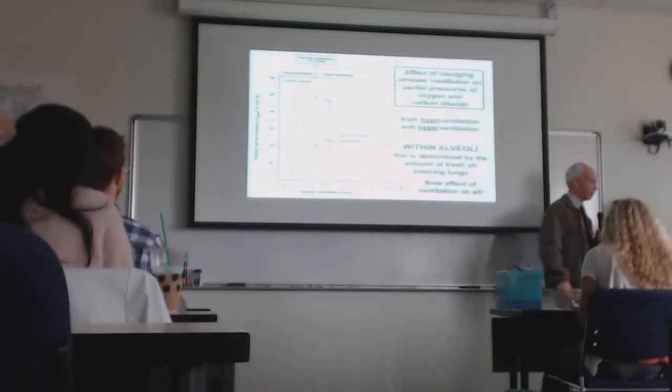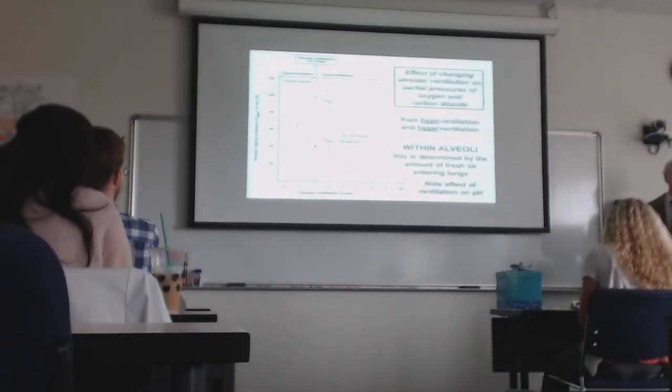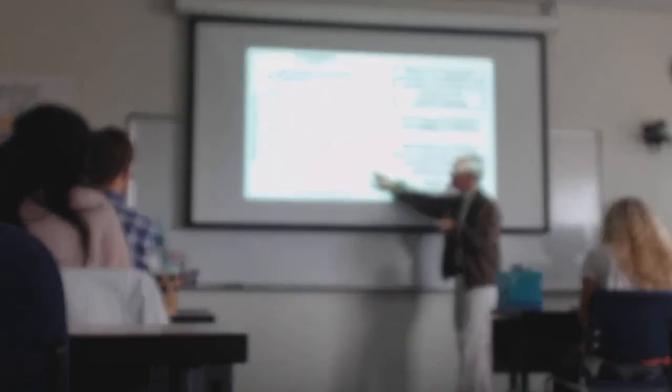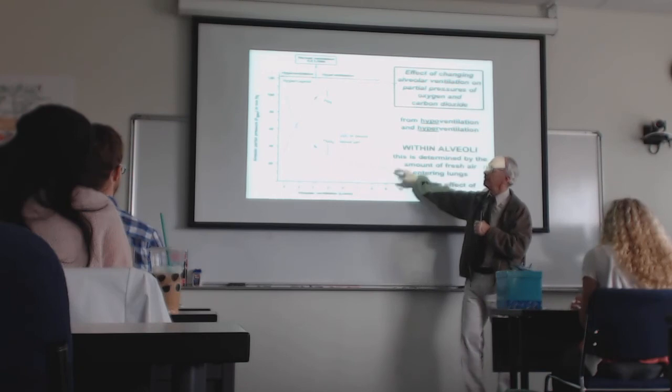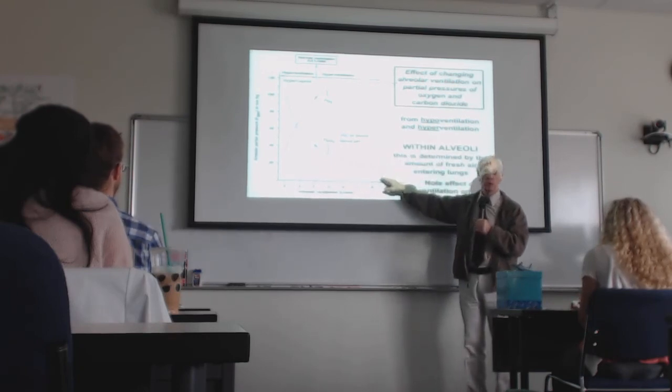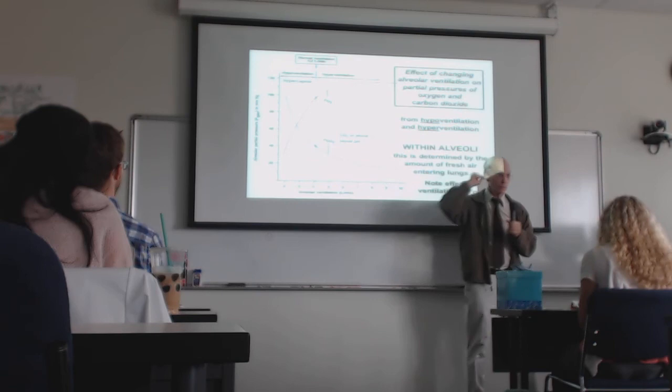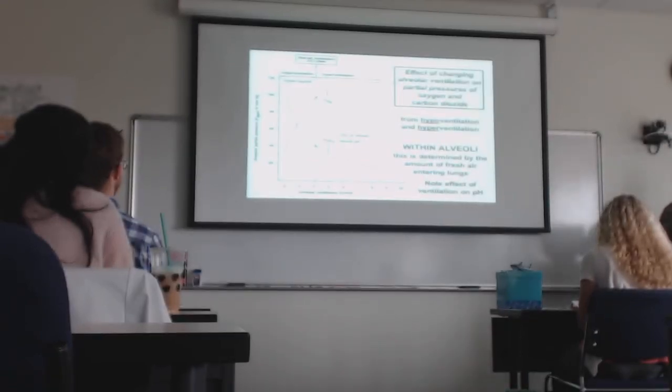CO2 levels drop. Now we said there's a relationship between CO2 and pH, right? And so as CO2 levels in the blood drop in hyperventilation, how should the blood pH change? All right, it's going to go up. It's going to become more basic and more alkaline. Everybody see that? So there's going to be a physiological issue there.